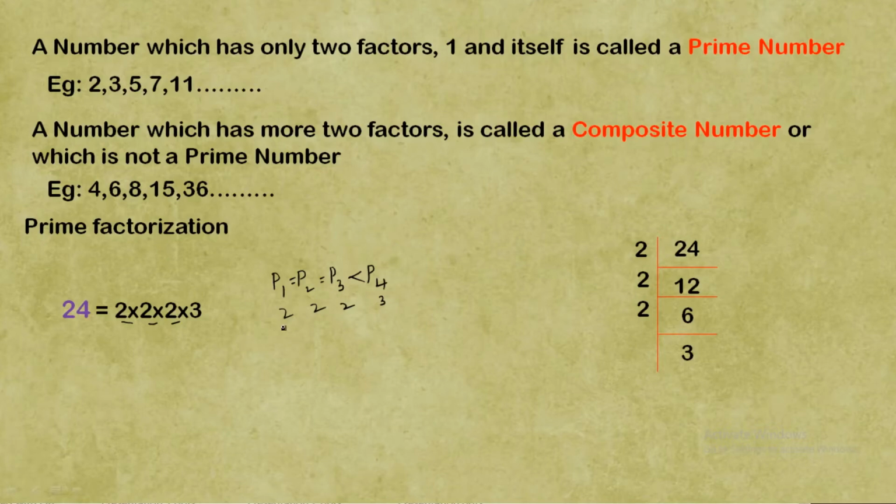So here we have the same number repeated 3 times, so we will write it as 2 power 3. So this is about prime factorization.